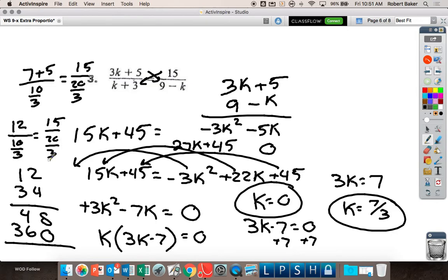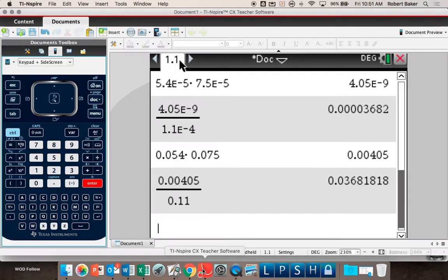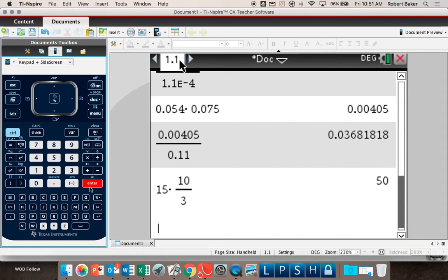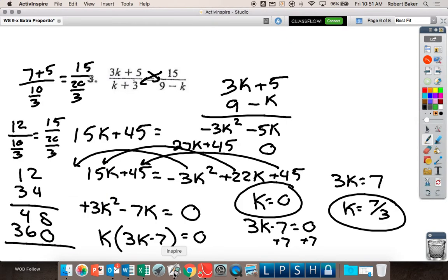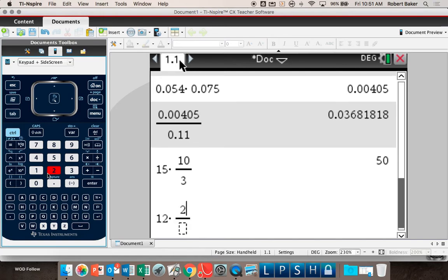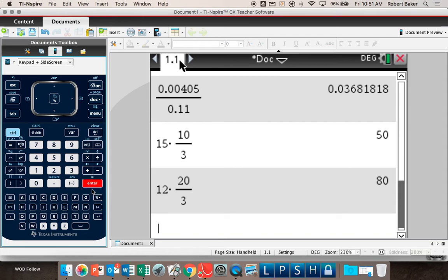If you don't know, ask your calculator, what's 15 times 10/3? 150 over 3. Okay, question. Couldn't you just plug that into the calculator? That's what I'm doing right now. Would it not be 50? Wait, hold on. 50. And then the other one was 12 times 20/3. Whoa.